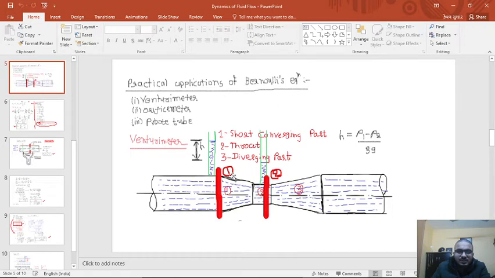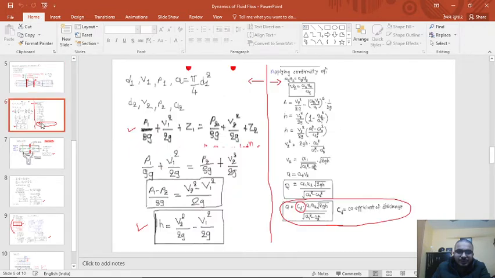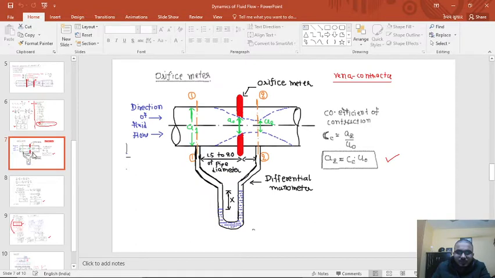In the previous lecture we studied the Venturi meter and derived the fluid flow rate through it. The next topic that we studied was the orifice meter, in which we have a concentric circular plate with sharp edges in a regular pipeline.